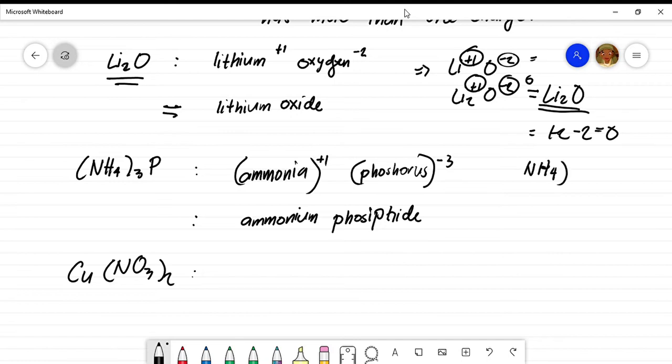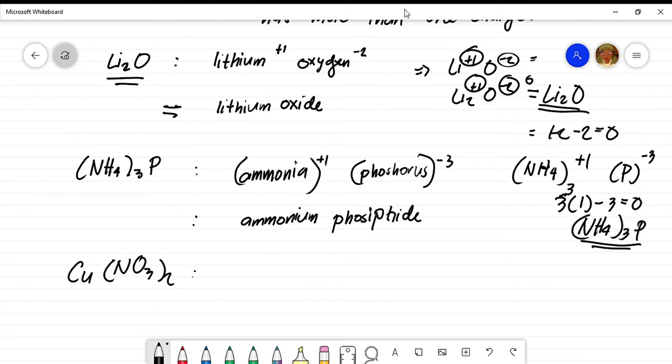We treat this as an ion, which is positively charged, and phosphorus that is negatively charged. So we will have to have a subscript 3 here: 3 times +1 plus -3 is 0. So this is (NH4)3P, or ammonium phosphide. This is a different case, okay?